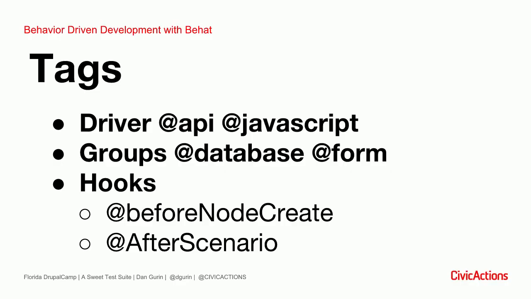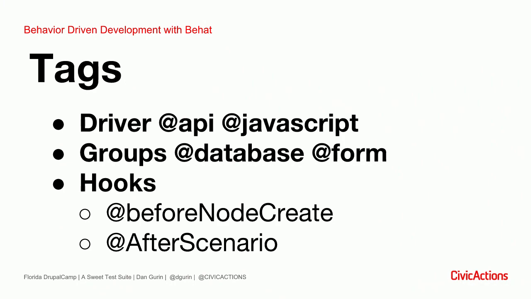So tags can be used to define which driver. Like I said, the @api is used for the Drupal driver, or maybe the Drush driver, depending on how you define it in your configuration. You can also add a JavaScript tag if you need to use JavaScript in your test.